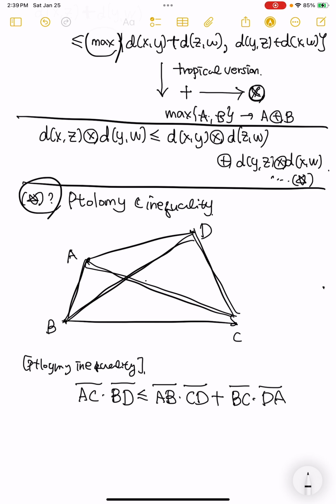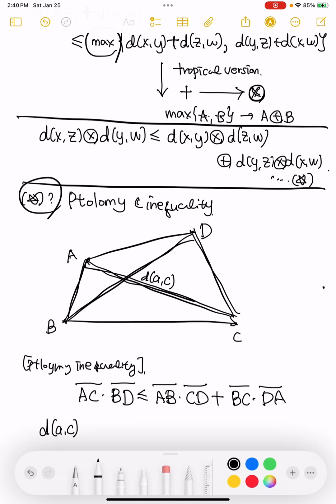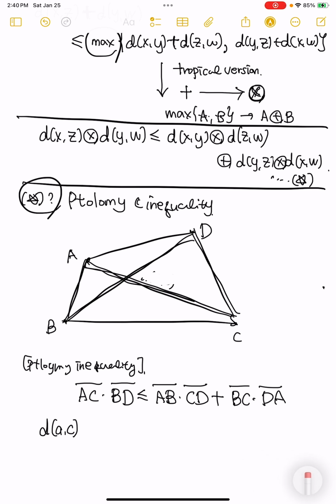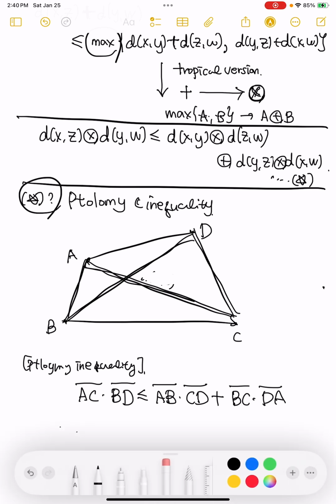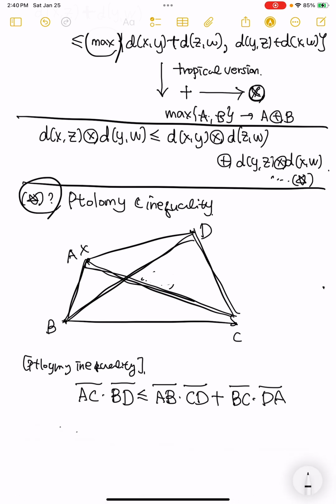Let's put the coordinates respectively X, Y, G, and W. Then AC means dxg and BD is dyw.